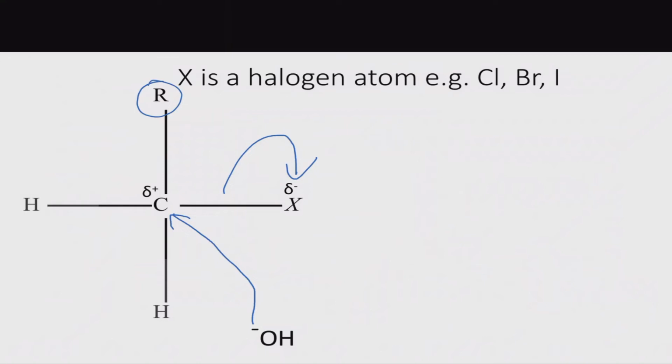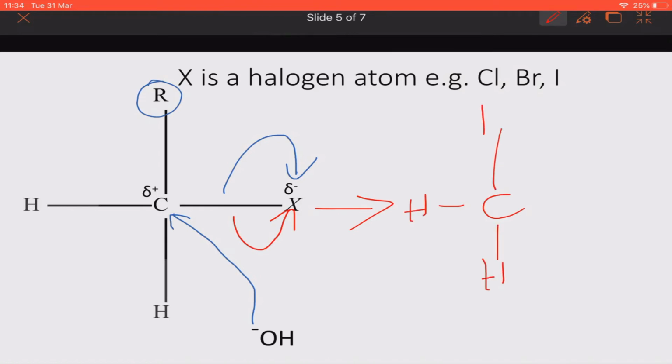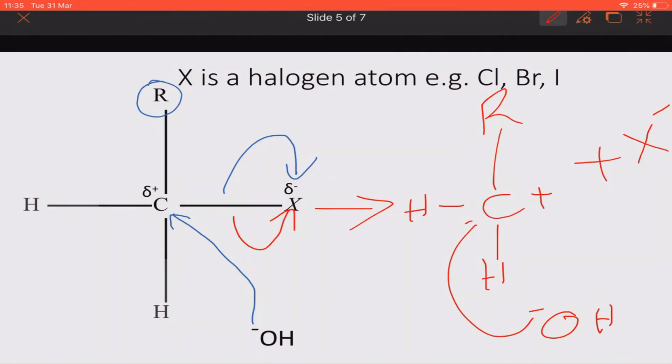This reaction can actually also happen in what we call an SN1 method, where first this breaks and then we end up with a carbocation. So we would end up with that, and we would have our X minus floating around somewhere. Now our hydroxide ion is able to attack in, like so, and we've got the same reaction.